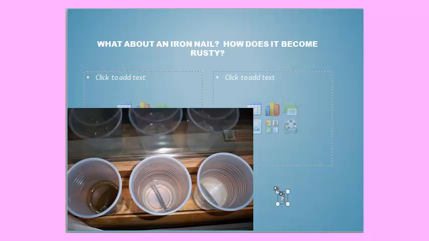You can see that the chemical formula for iron oxide is Fe2O3. That's the chemical formula for iron oxide.